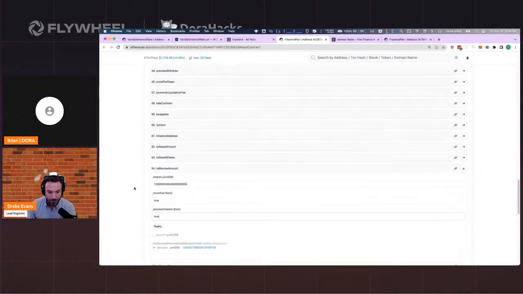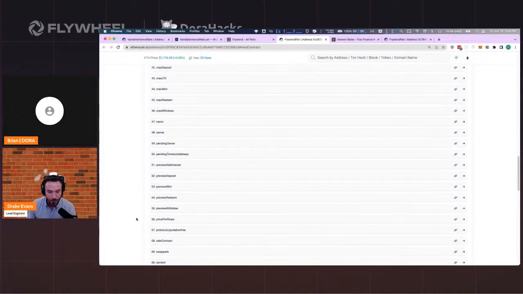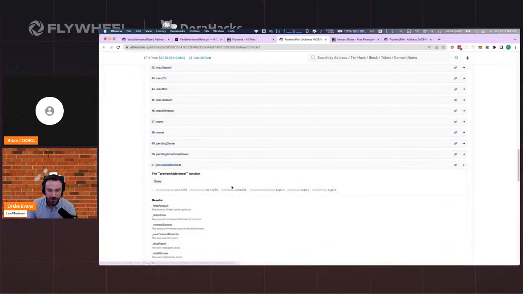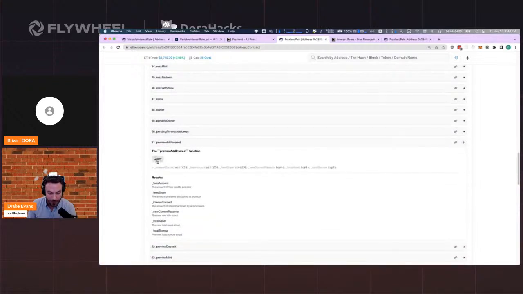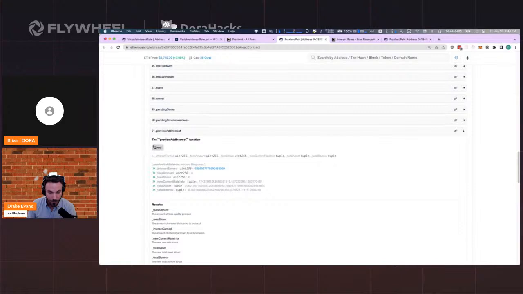It's inspired by the ERC 4626 standard. Another thing you might find useful in terms of interest accrual is this preview add interest. This is going to preview the interest in the same way we previewed before. So you can see since the last interest accrual, this is the total amount of interest that has accrued.